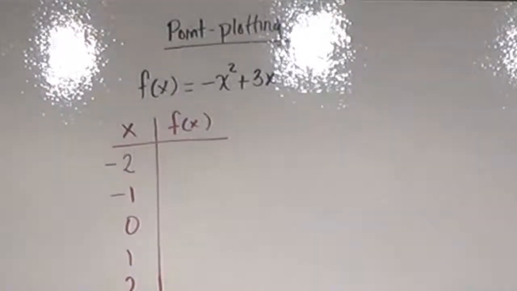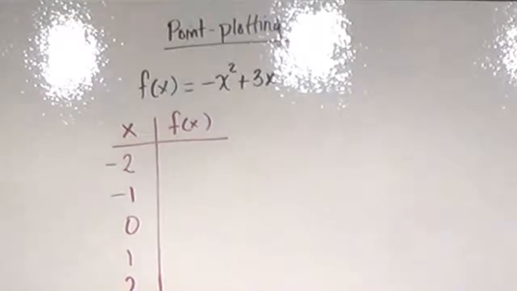With 3, if it's a linear equation, you'll probably have enough to get the figure. But as you're point plotting, pick a minimum of 5 points, and spread those out. Don't pick all positive or all negative. Spread it out across the origin. In some cases, you may need more points than that.